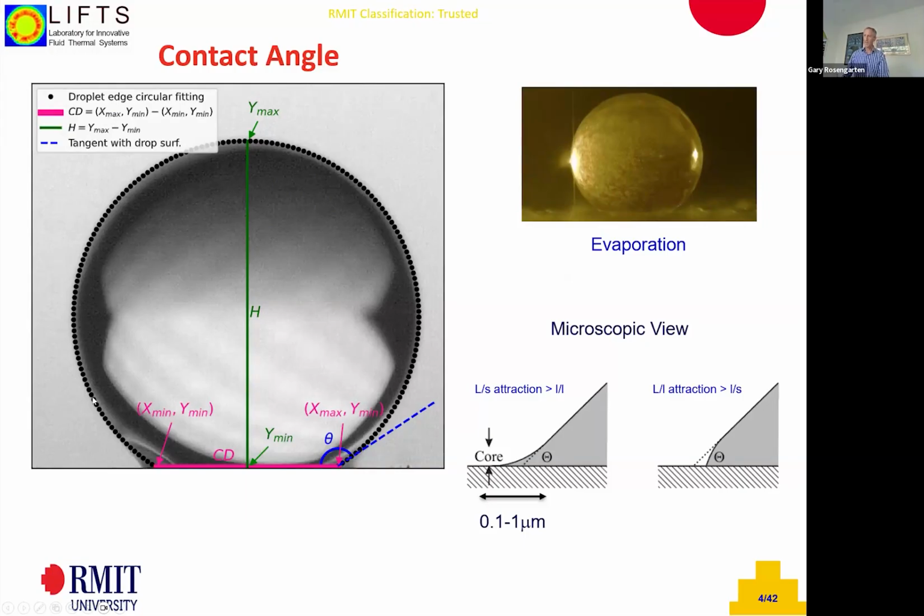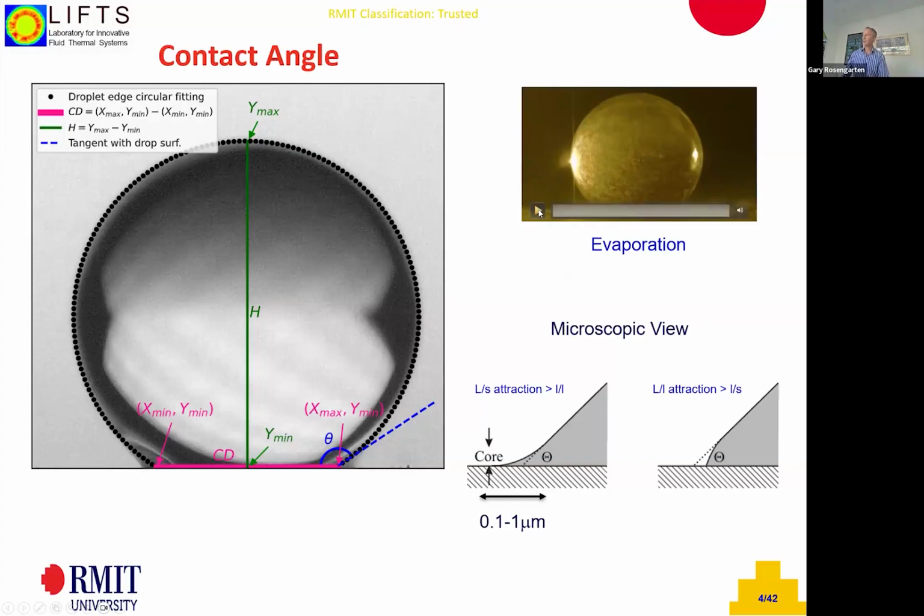And you can see here we fit a circle to that. It's all automatically done in some algorithms in MATLAB or Python. And you can see very close to the surface, although we've fitted that, we can get an apparent contact angle given by this blue theta. You can see these funny distortions of the surface here due to surface heterogeneity.